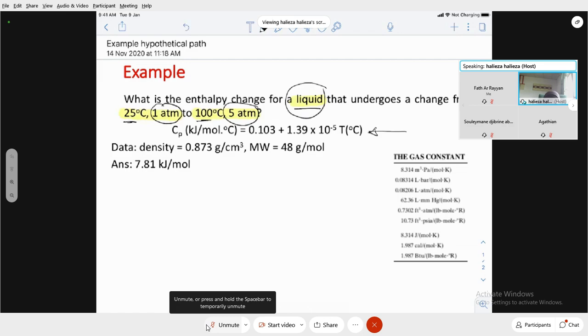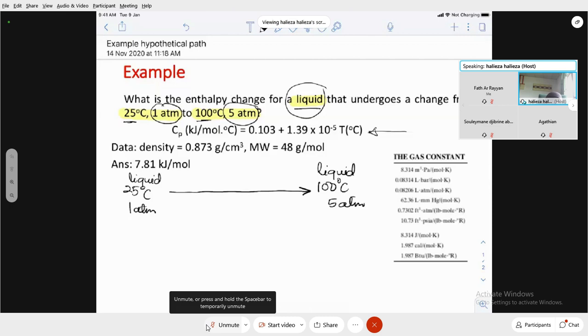So what you have to do is come up with a hypothetical path. We start from 25 degrees C, write down that it is a liquid at 1 atm. You're going to go to 100 degrees C, still liquid, no change of phase, but a change of temperature and pressure.